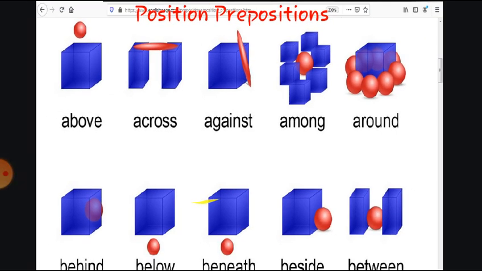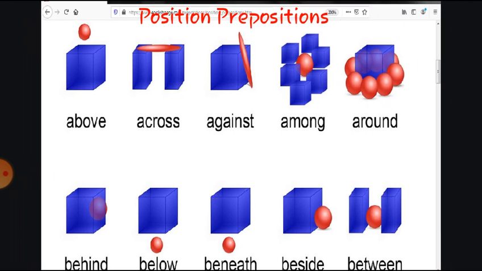So dear student, even in the picture you can see another is here. Here a blue box is there, and this blue box is surrounded by around. So you can say that the blue box is around the red balls, or even you can say that the earth is moving around the sun.